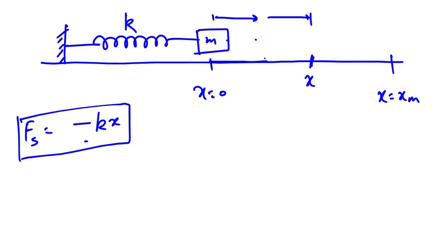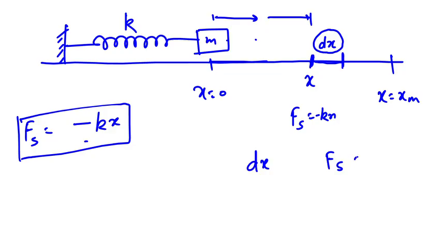How? Let's take the force Fs equals minus kx at this position, and we have displaced a very little. I'm showing this much span just to make it visible. Let's say a small displacement dx. If we have chosen a very small displacement, in this short interval we can take the spring force to be constant.